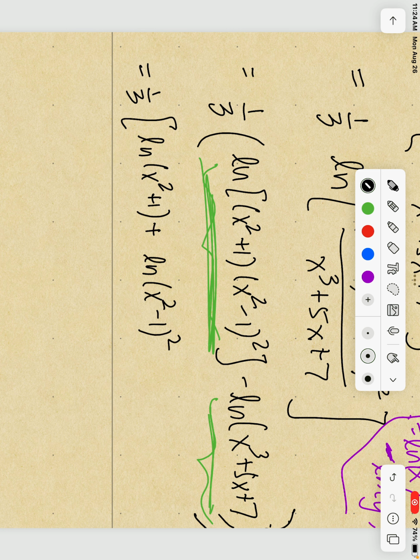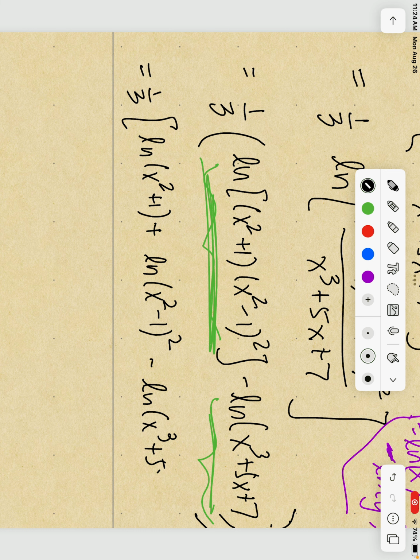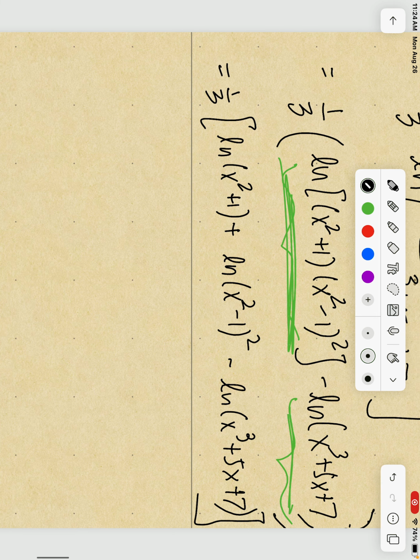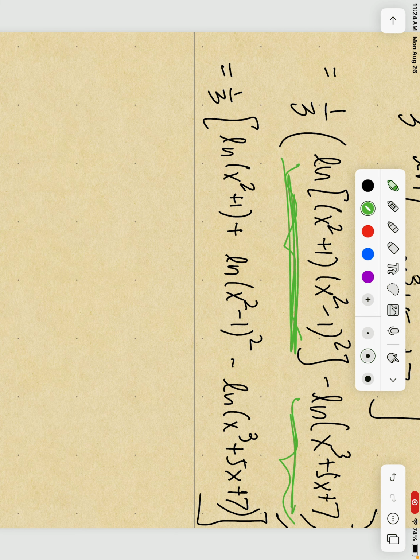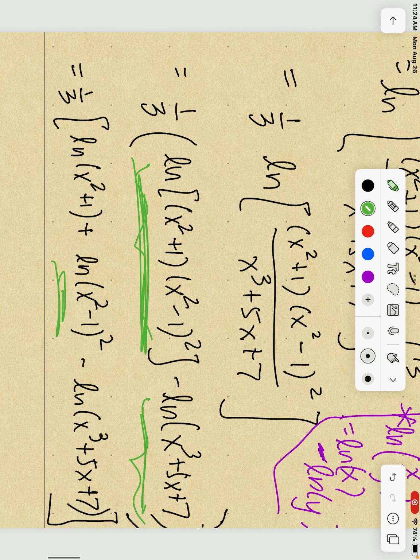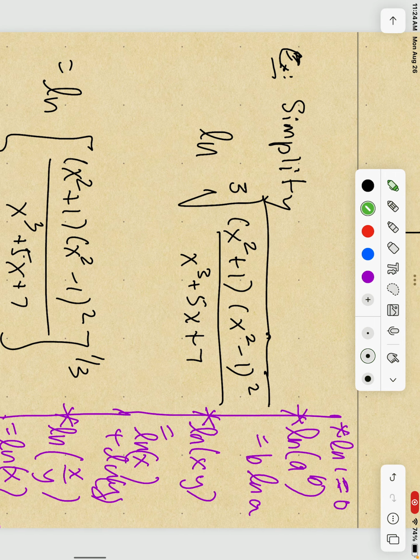And again, this is x squared minus 1 squared, and then I do the ln. Okay, that, oh, I don't need this bracket. Minus the natural log of x cubed plus 5x plus 7. Bracket like that. And finally, I have this term here, which I can simplify because I can use property 1 again, the first one.